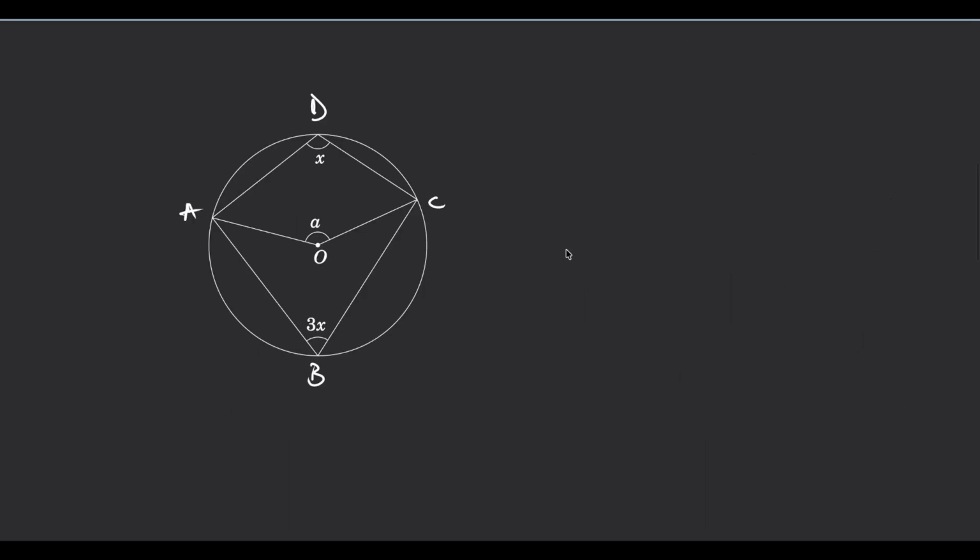In this case, we are expected to find the value of x and a, fundamentally, right? And then we can proceed to find 3x. So what we do here is we call this A, B, C, and D. And then we know that ABCD is cyclic. So which means that angle ADC and angle ABC are opposite angles of a cyclic quadrilateral.